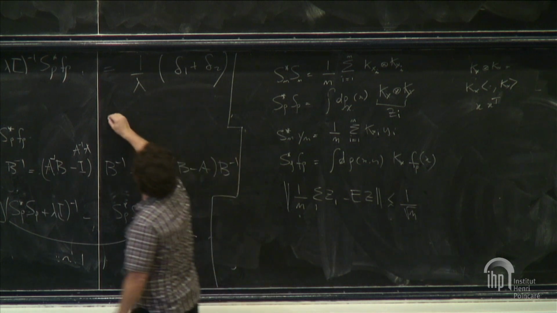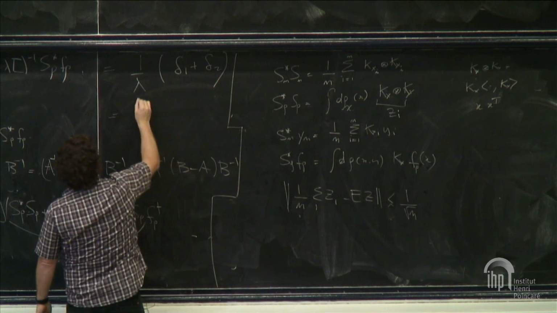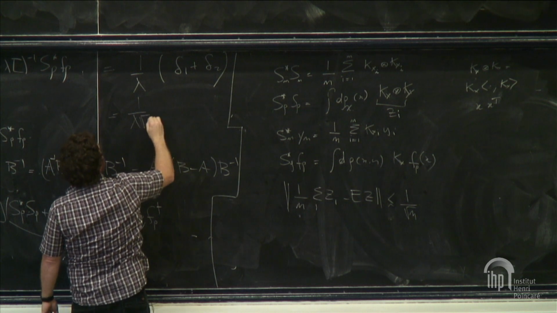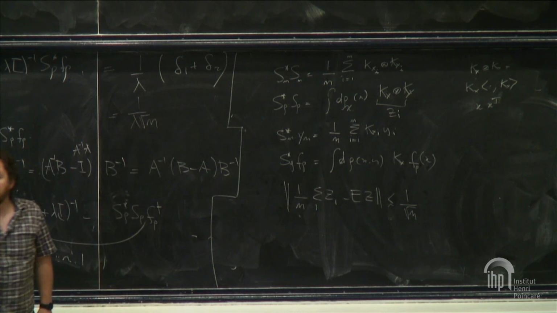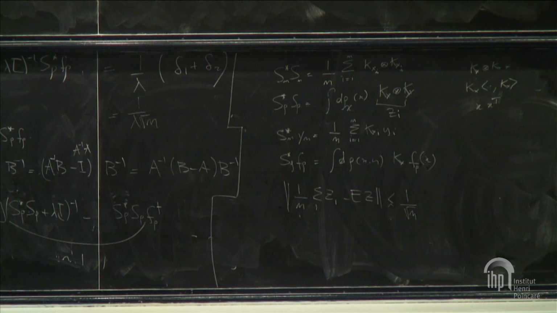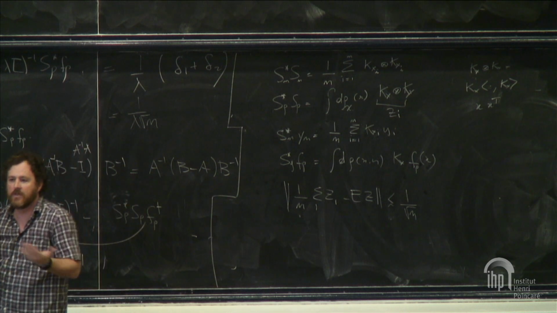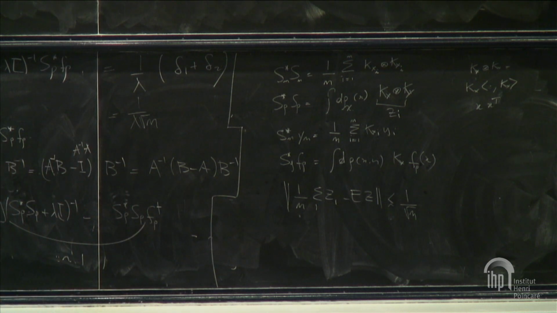And you get that these two terms are both order 1 over square root of n. So we end up with this bound. And those inequalities hold with high probability. You can integrate them out and get an expectation result if you like.